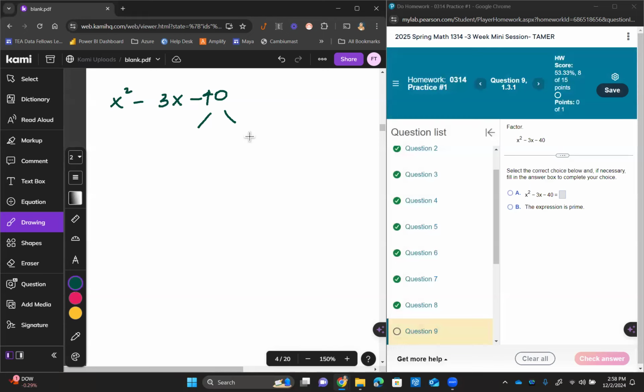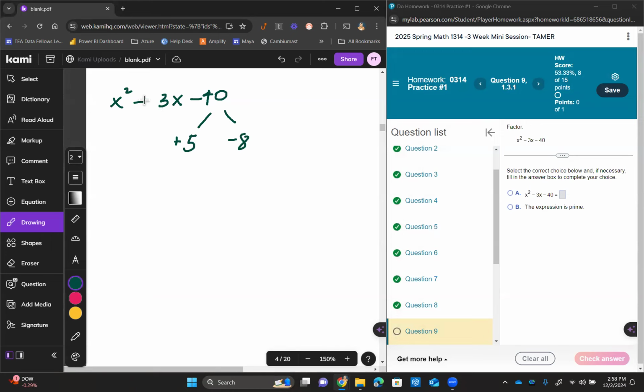I need two numbers. When I multiply these two numbers, I must get negative 40. So let's make one of them positive and the other one negative. When I multiply them, the answer is negative 40. But when I also add them up, when I combine the positive 5 and negative 8, the sum is negative 3, which must be in the middle.